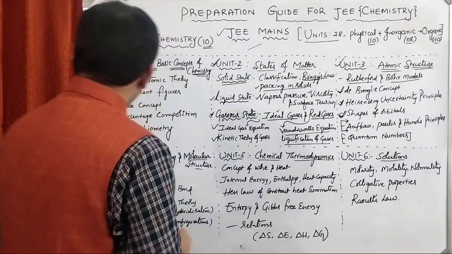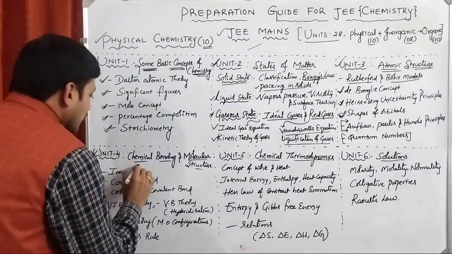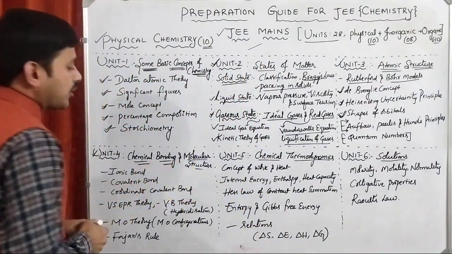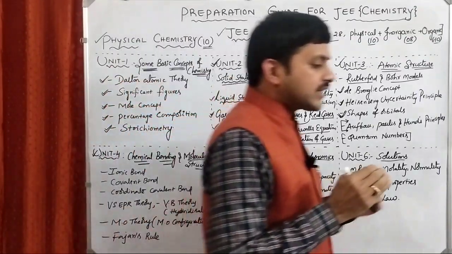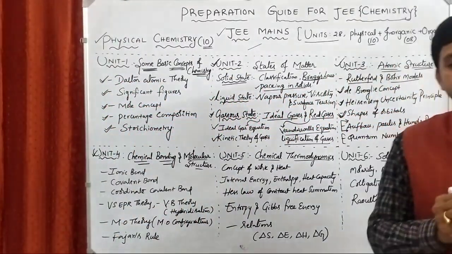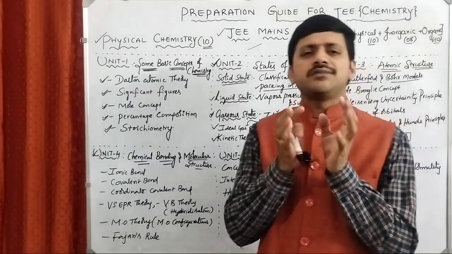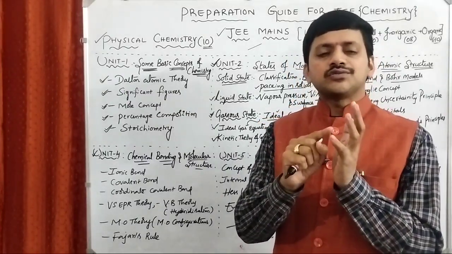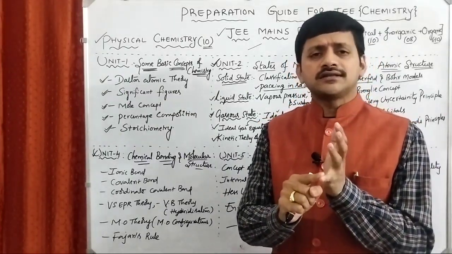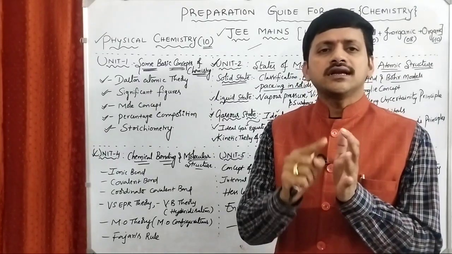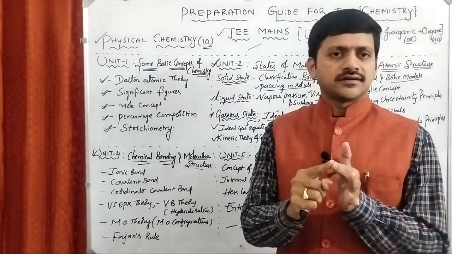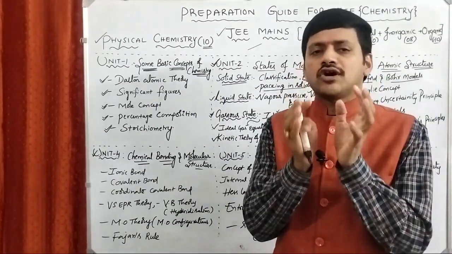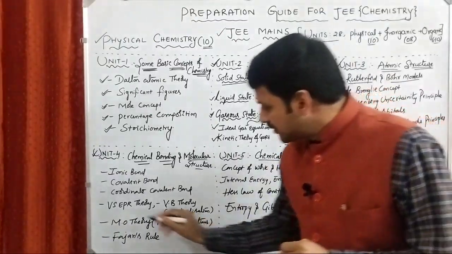Now come to the next unit, that is chemical bonding and molecular structure. From chemical bonding and molecular structure, we need to focus on only three main areas. The first one is what? VSEPR theory, valence bond theory, and molecular orbital theory. Just focus on these three theories.